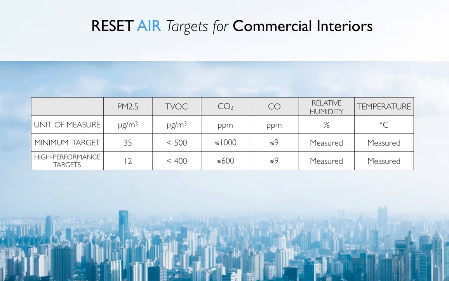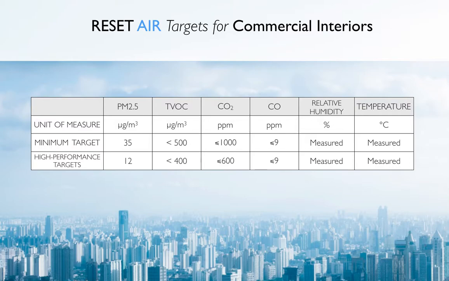So the other piece that I want to mention is in the commercial interior targets, you'll notice that we have a minimum target and high performance targets. And this is a little bit related to what I was just talking about in areas that have severe pollution.